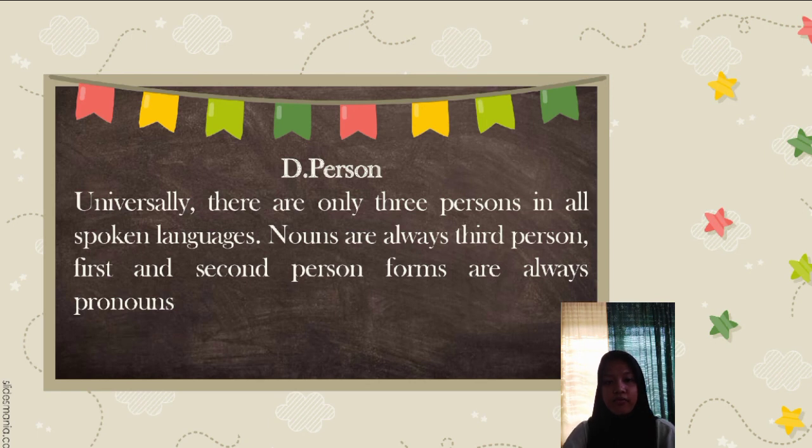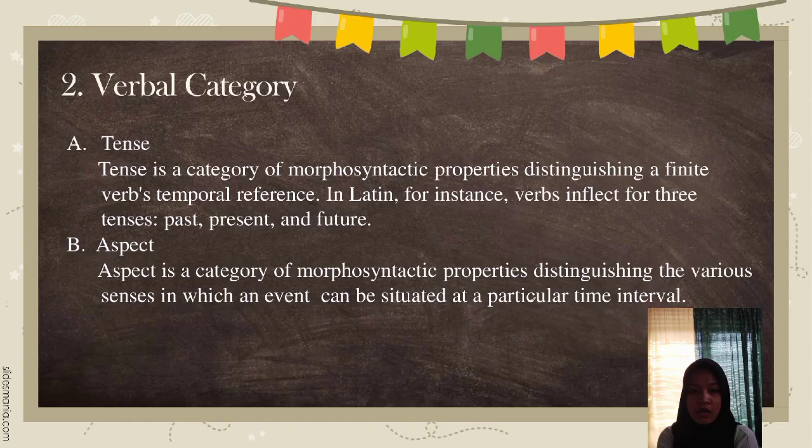Assalamualaikum warahmatullahi wabarakatuh. I'm Mafira Aulia from Group 5. I will explain material about nominal categories and verbal categories. 1. Nominal category. Universally, there are only three persons in all spoken languages. Nouns are always third person; first and second person forms are always pronouns. The major difference among languages lies in the first person plural. 2. Verbal category.